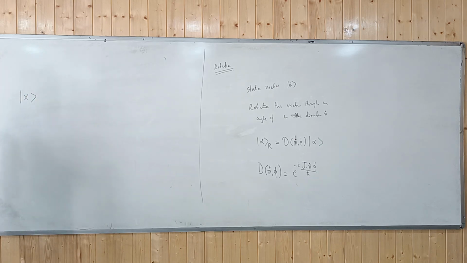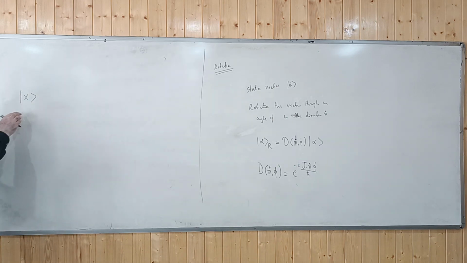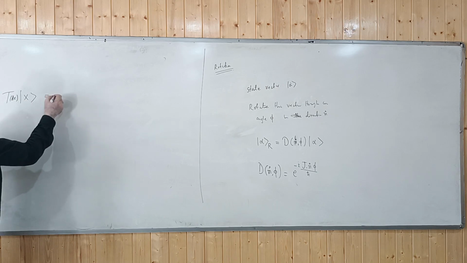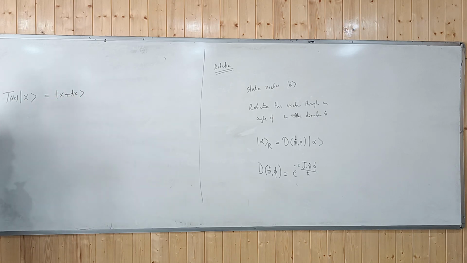You should know these things. Let me take a position vector x. Now apply some translation operator on it. So let's say you have a translation by an infinitesimal amount. What will it give you? x plus dx.